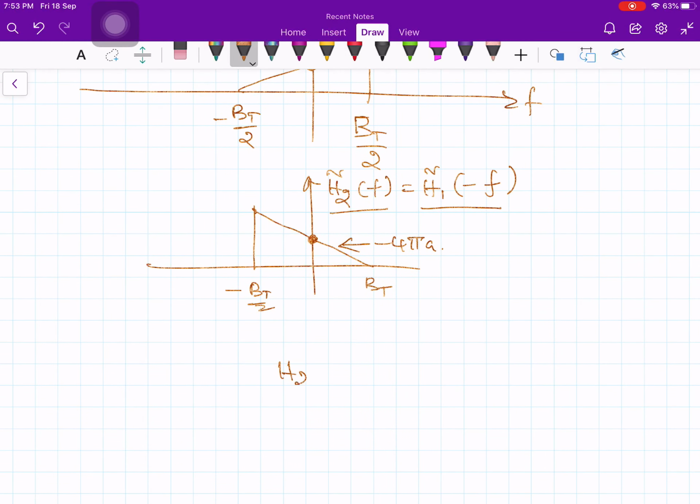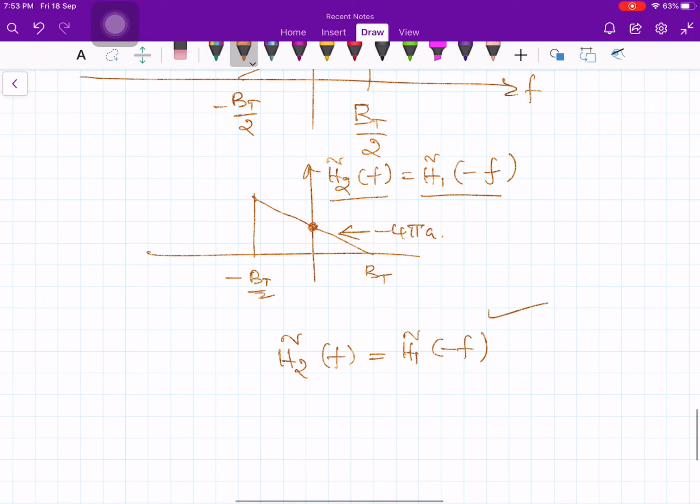Therefore H2 tilde of f is equal to H1 tilde of minus f. We know H1 tilde of f. Take that expression and replace f by minus f, that's it. So the exact derivation, whatever we did earlier, is the same circuit and the same thing, but only the frequency will be changed to minus f.